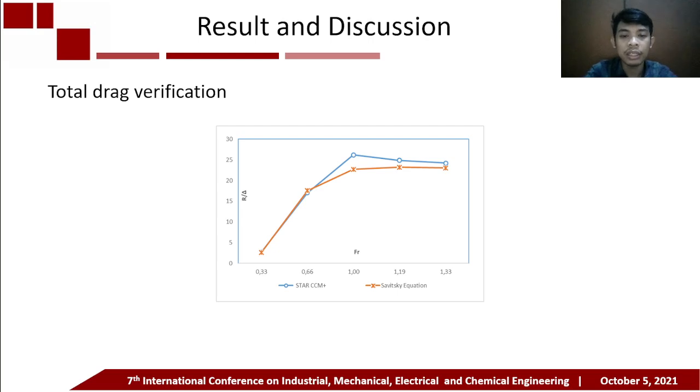As we see in the chart, Froude numbers 0.33 and 0.66 show similar results of total drag, while Froude numbers 1.0 to 1.3 show a slight difference.